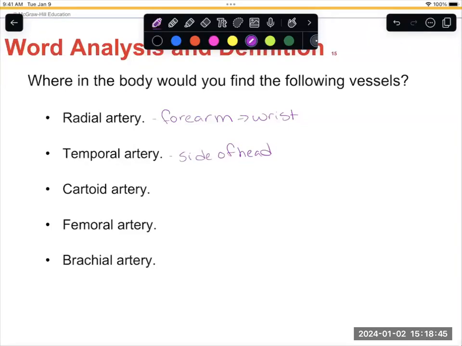Carotid artery is in that neck. Femoral artery is that upper thigh. And then we have our brachial artery in the arm, that upper arm to that elbow.